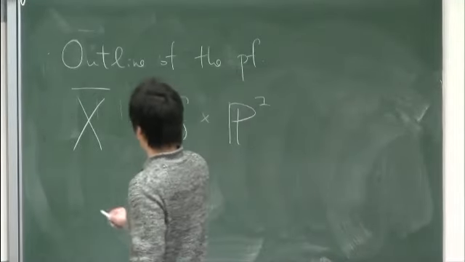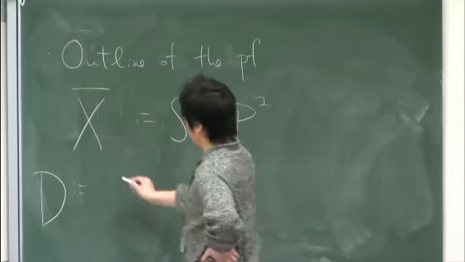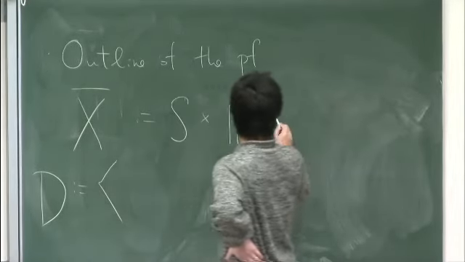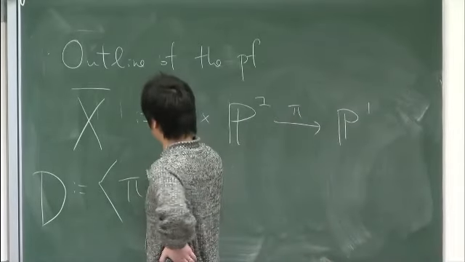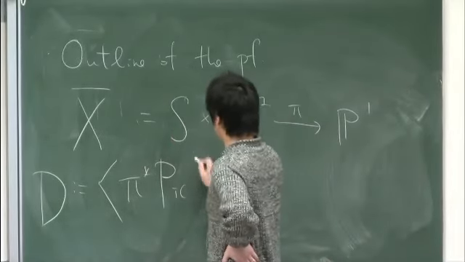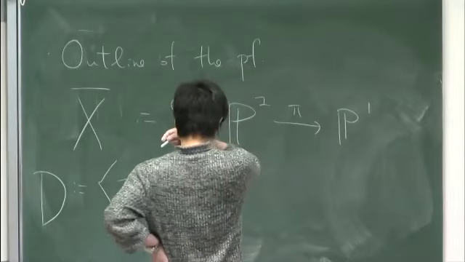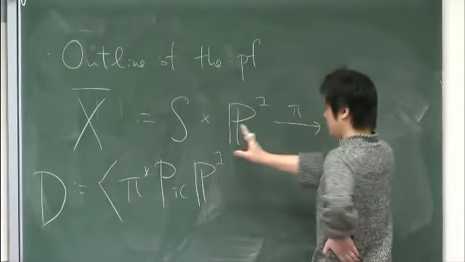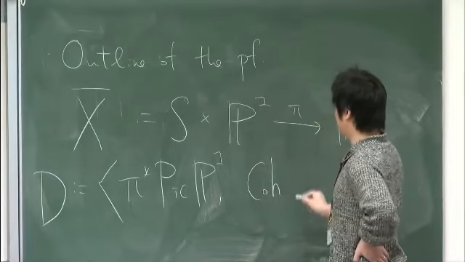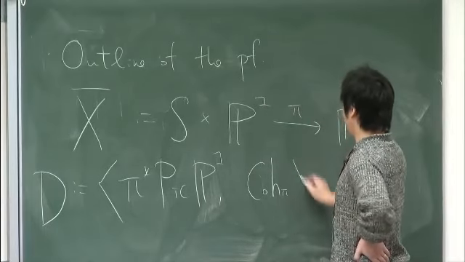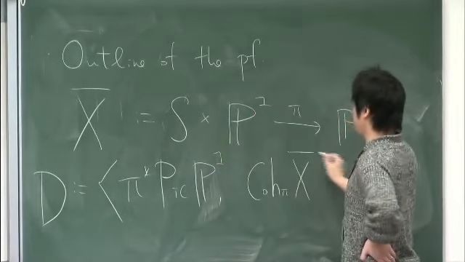And you also have a map from here to here. I consider the triangulated category generated by the pullback line bundles from here to here, and also the category of coherent sheaves on X bar that are supported on the fibers of this second projection.